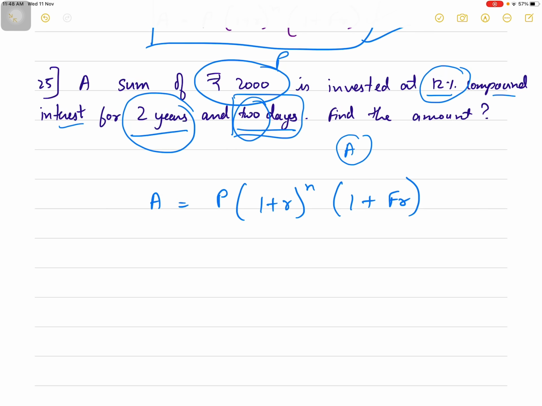Amount you don't know. P is 2000, 1 plus 0.12 because R is 12%, right? Period is 2 years and 2 days.